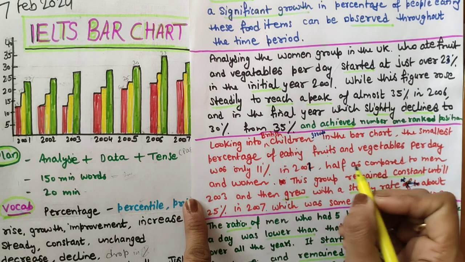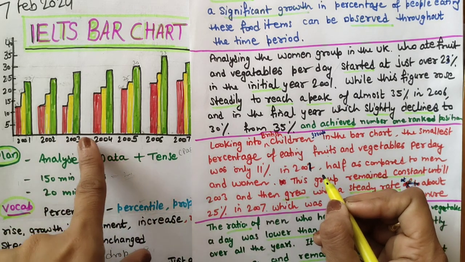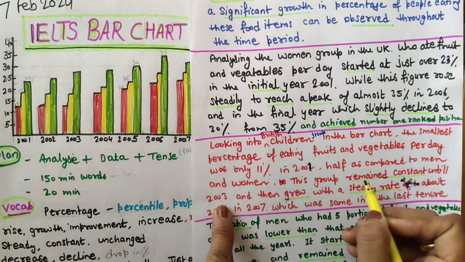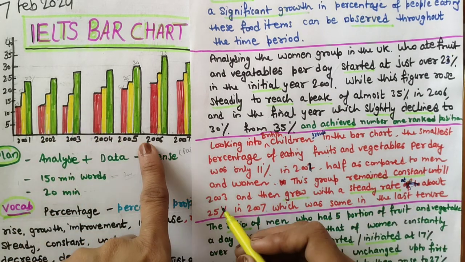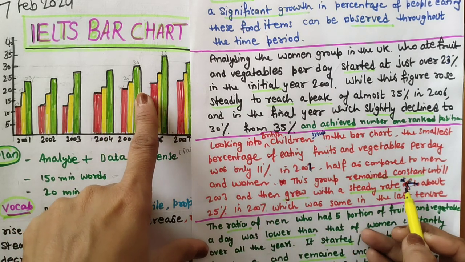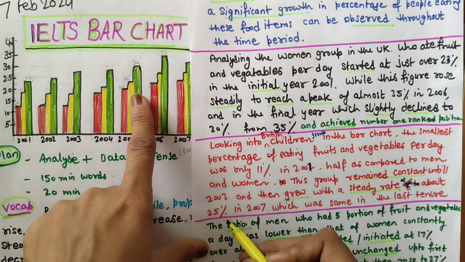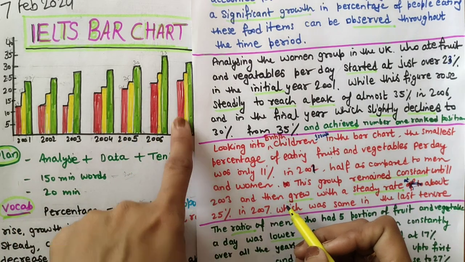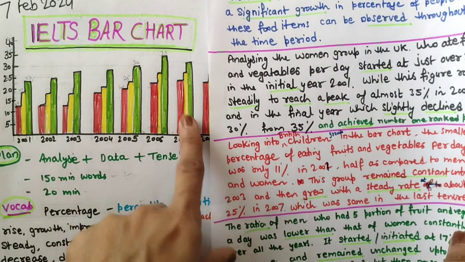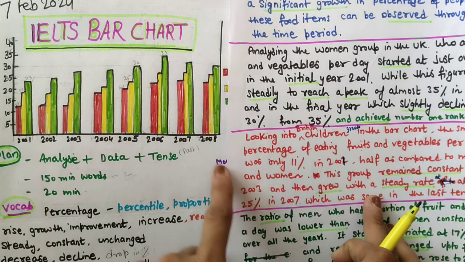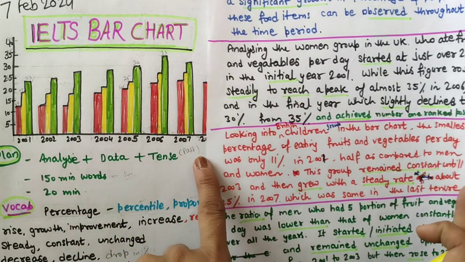Half as compared to men and women, because now we are comparing with other categories also. This group remained constant until 2003 and then grew at a steady rate to about 25% in 2007. See this, straight away I am talking about 27% in 2007, which was the same in the last year.